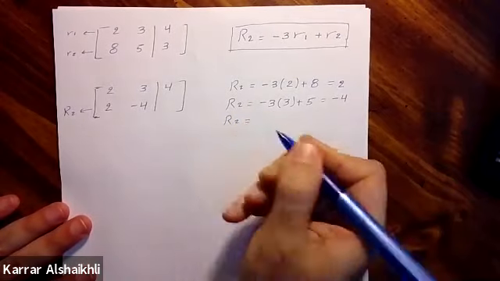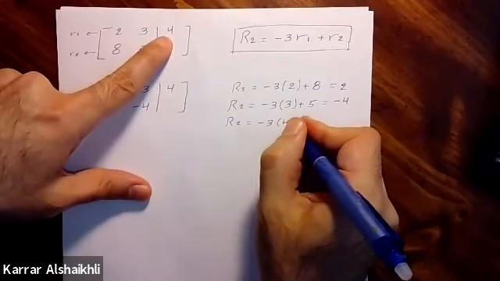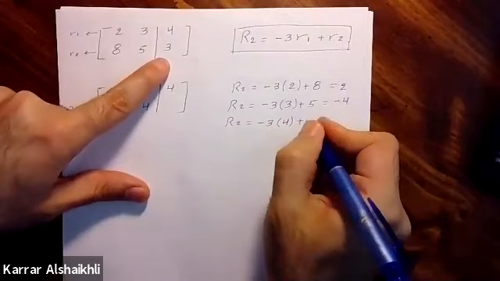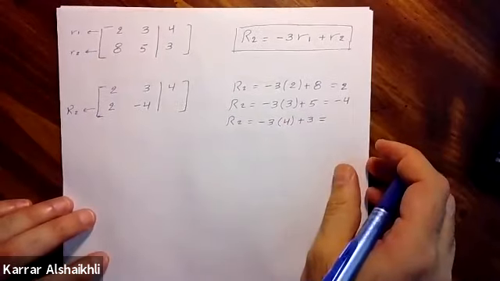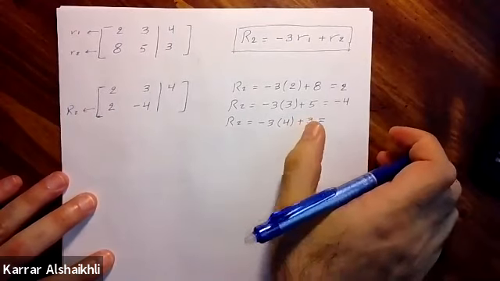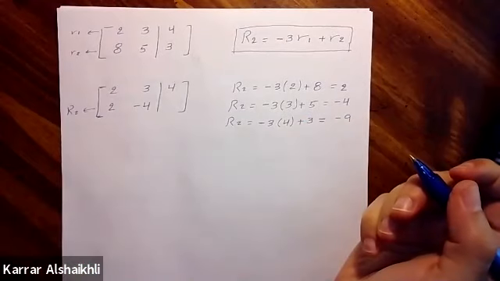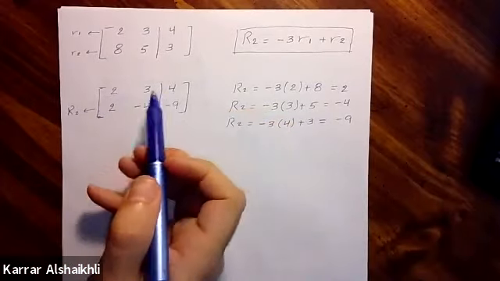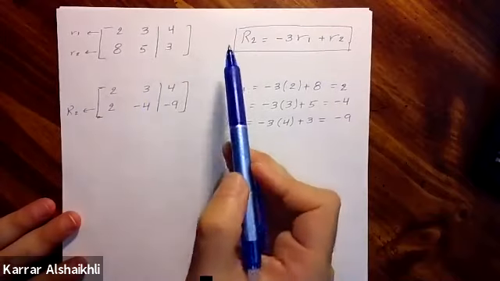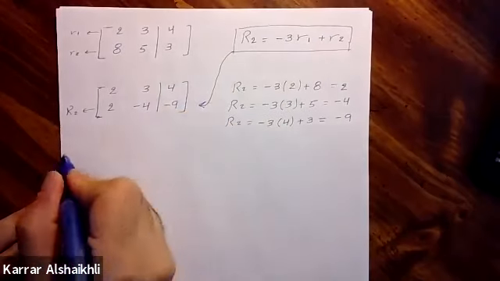The third one is going to be negative 3 times 4 plus 3. Negative 3 times 4 is going to be negative 12. Negative 12 plus 3 is going to be negative 9. So it's going to be negative 9. You see, the old R1 is going to be exactly the same thing because we need to get a new R2, and here is the new R2 by using this rule.